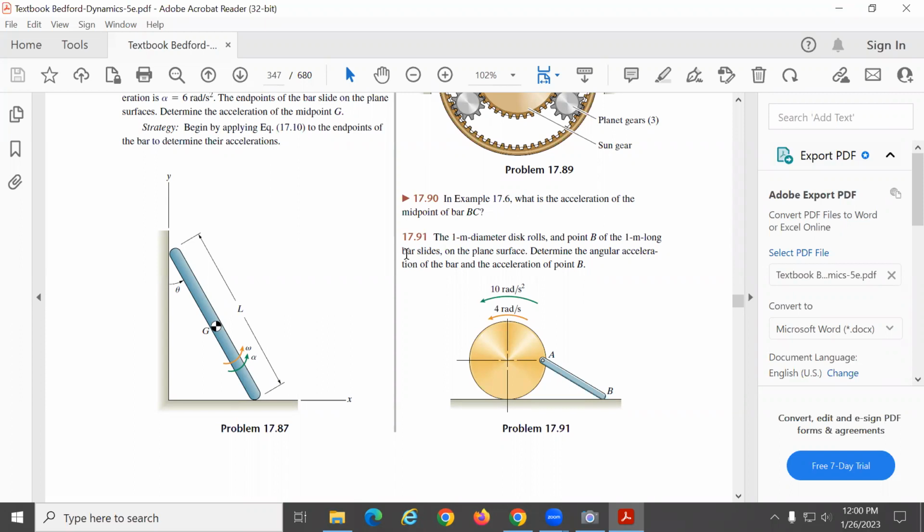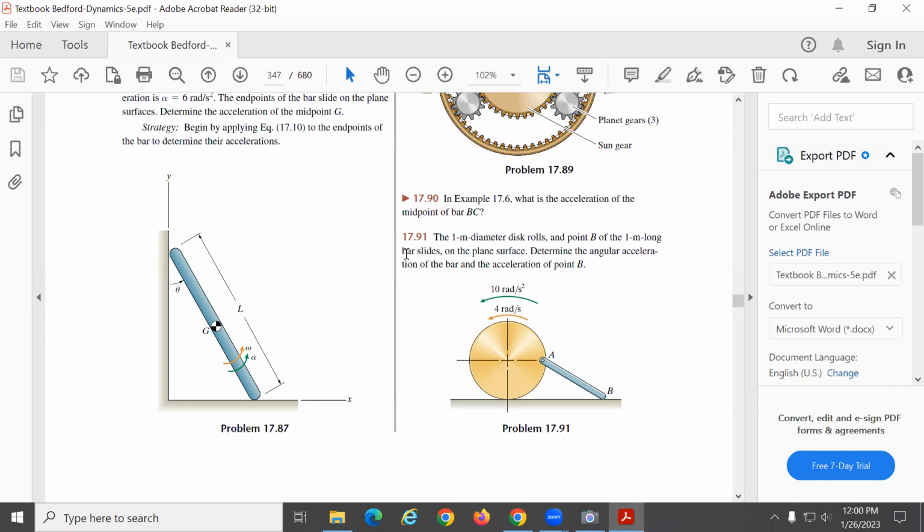And there is the bar AB. Let's see, what do they give us? The disc diameter, let me just call it D equal to 1 meter.